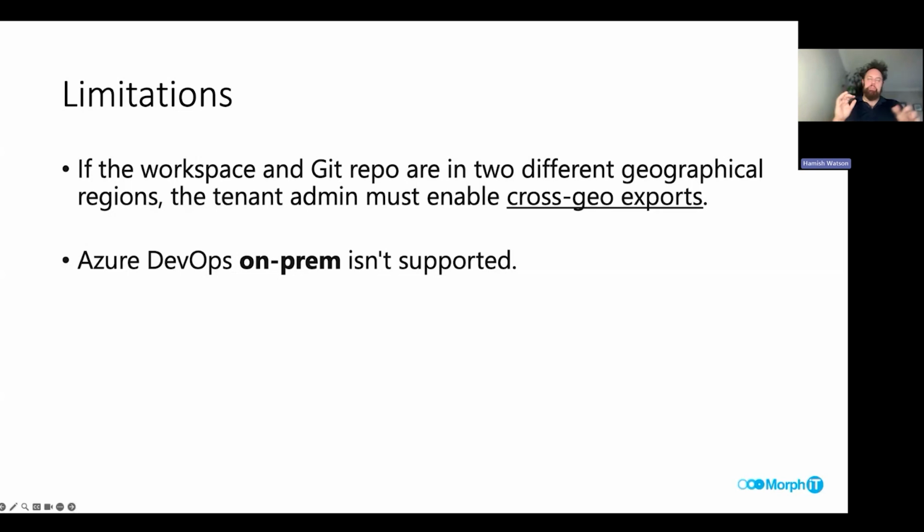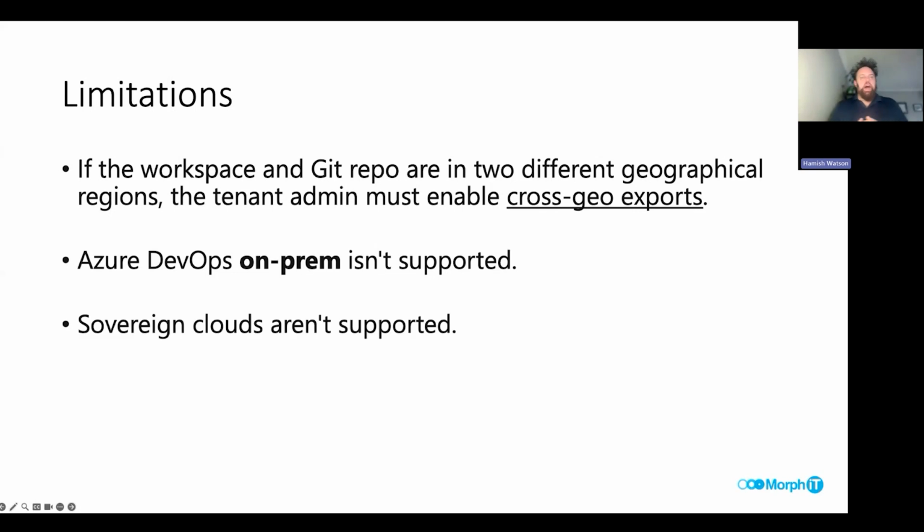And there's a couple of reasons for that. When you're working in the cloud, reaching deep into your on-premises infrastructure is actually a little bit hard. But who knows? It might get there one day. And again, sovereign clouds aren't supported, so your governments and all those kinds of things.